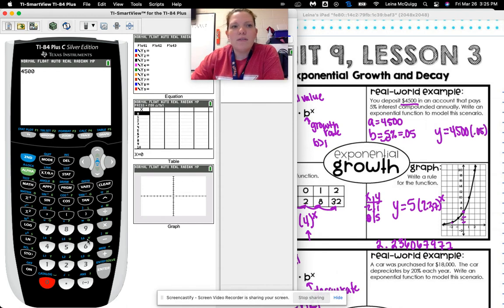So if I do 4,500 times 0.05, what this says is that I'm going to have $225 in my account after the first day. So am I going to lose all that money from 4,500 down to 225? No, that's not the case. What's happening is I'm going to take my 4,500 and I'm going to take this 225 together.